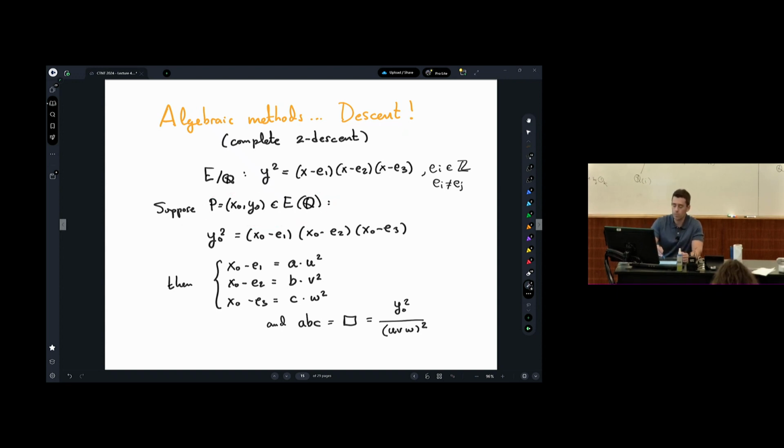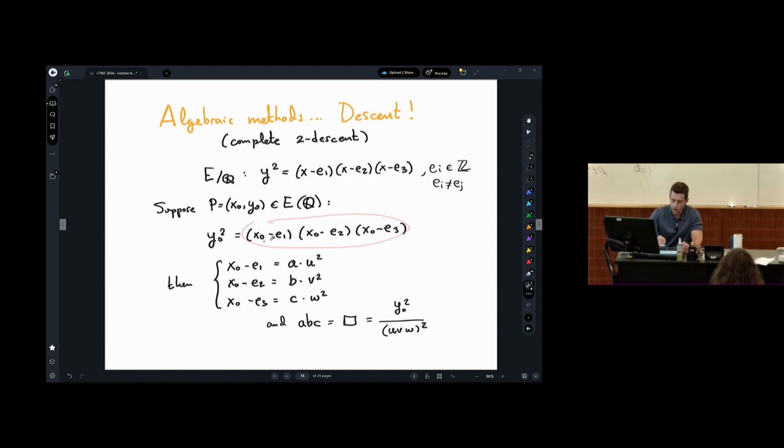If I'm going to try to motivate how descent comes about, where would the points be? Suppose I have a rational point on this elliptic curve, then it satisfies the Weierstrass equation, right? And if this is true, well, the product is a square, so each factor must be almost a square, enough that the product of these almost squares has to be a square.